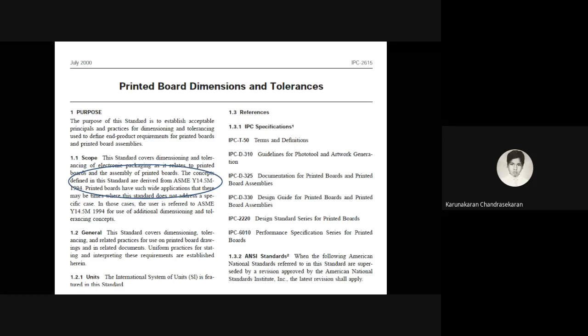As I mentioned earlier, this code is derived from ASME Y14.5M 1994. A revised version has now come, and some of the contents have been removed and some additions made, but we will stick to our basic code, ASME Y14.5M 1994.